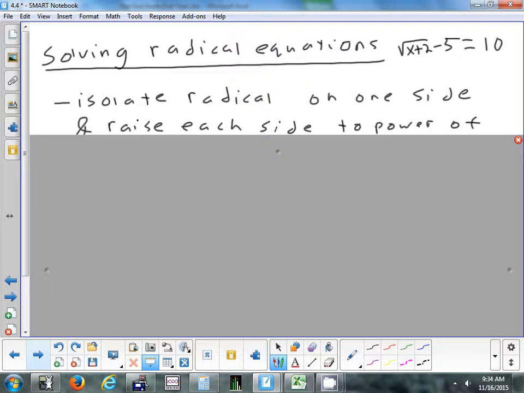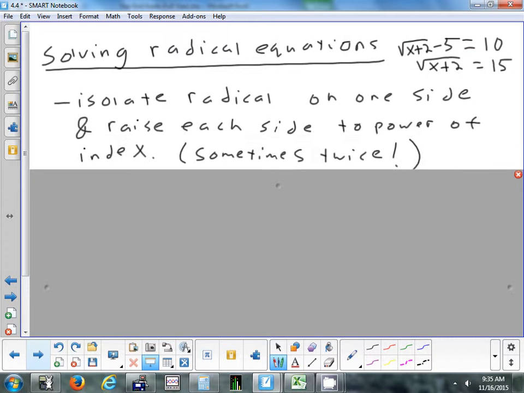The first thing I would do to isolate this radical is do a +5 on each side to make the problem this. Now the radical is by itself. You can have other stuff under the radical, just nothing on the outside of it.